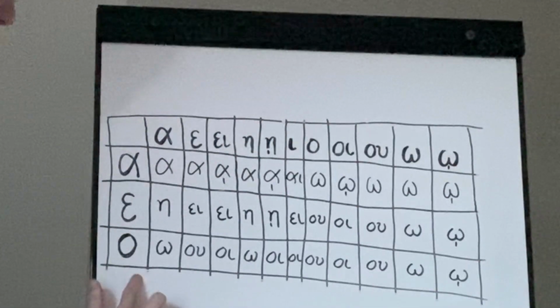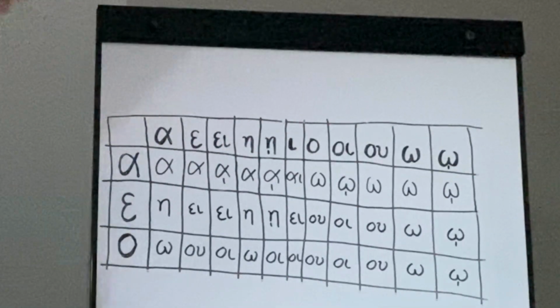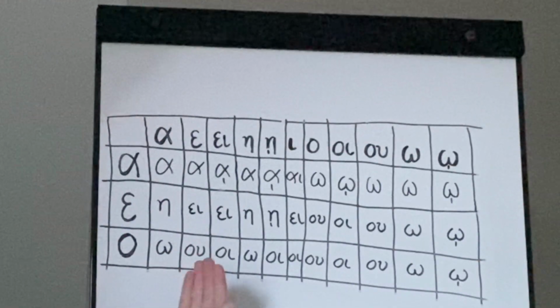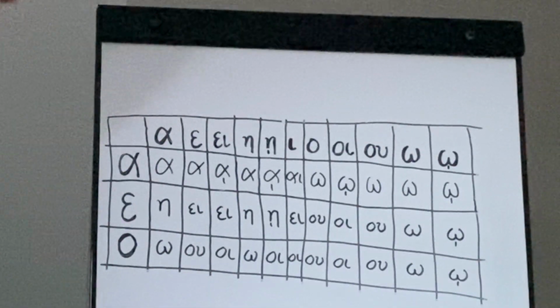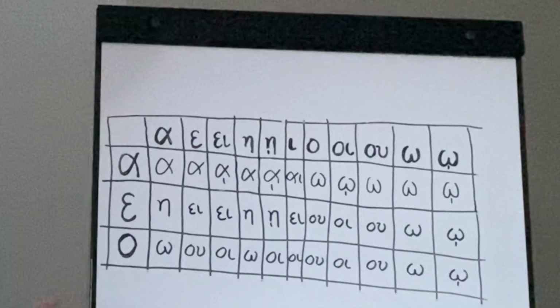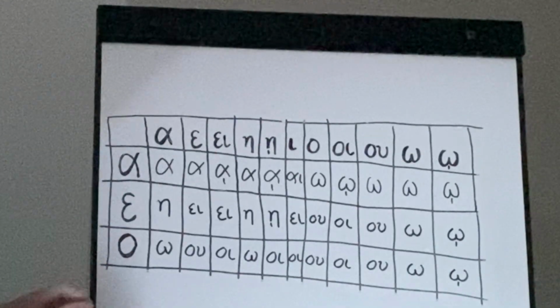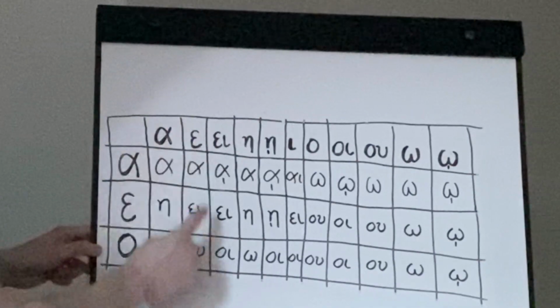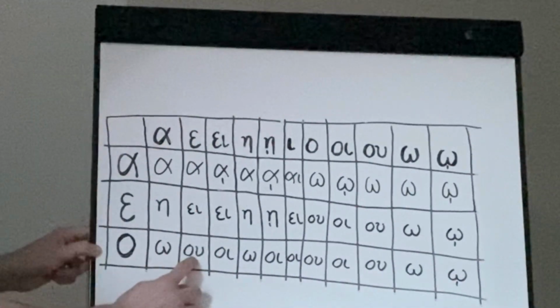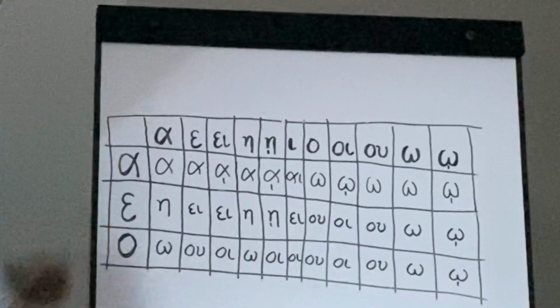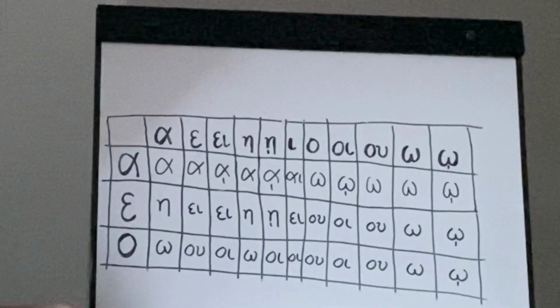If we look at the final row quickly, for omicron, all of the resulting vowels or diphthongs involve an O sound. They all involve omicron or omega. Omicron plus alpha makes omega. Omicron plus epsilon makes omicron upsilon, which was also the result of epsilon plus omicron, as we saw, so that is one that works both ways.